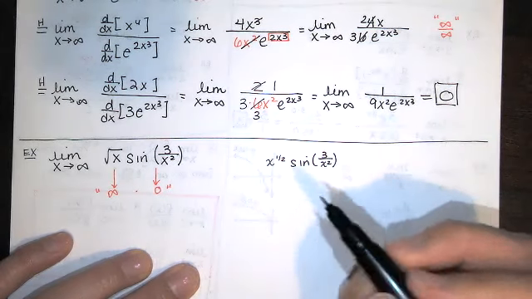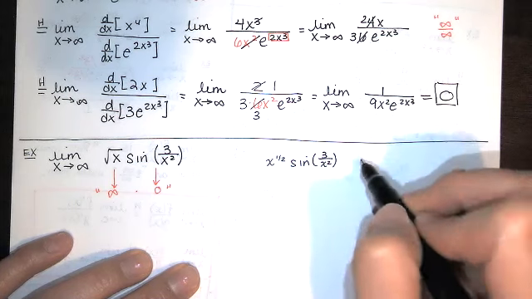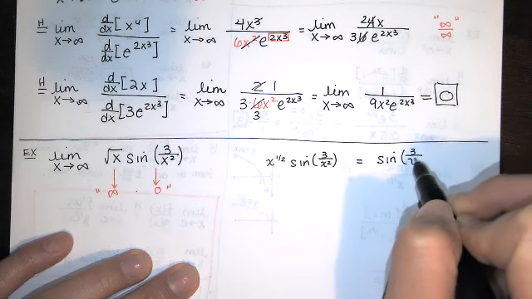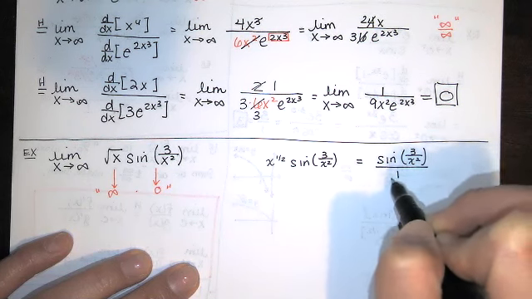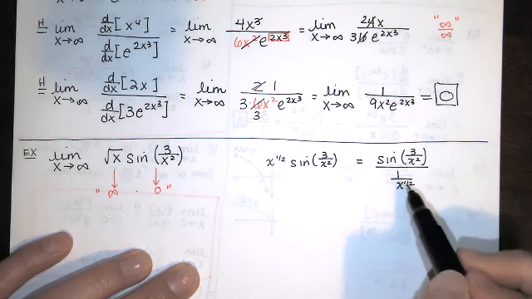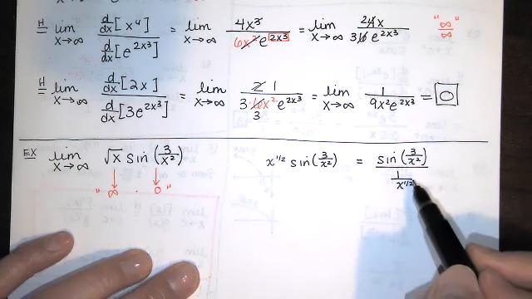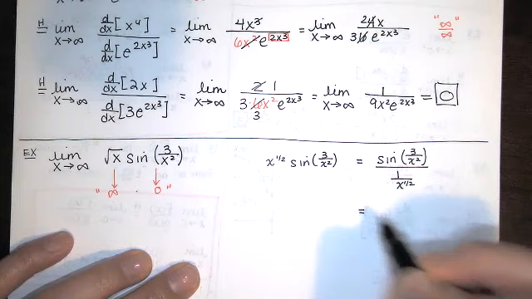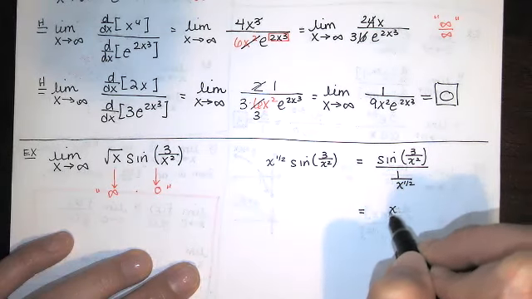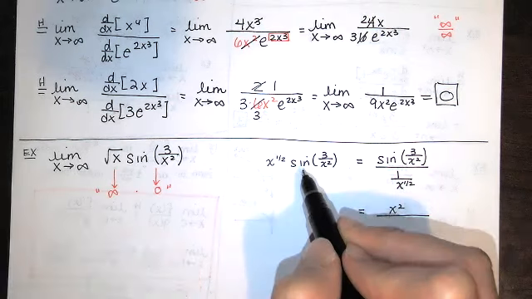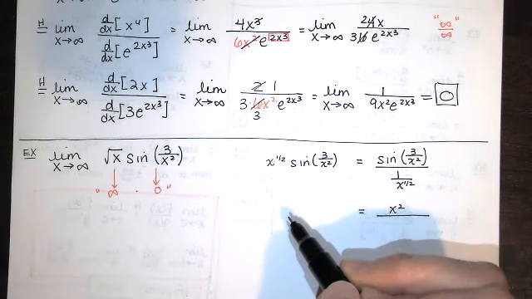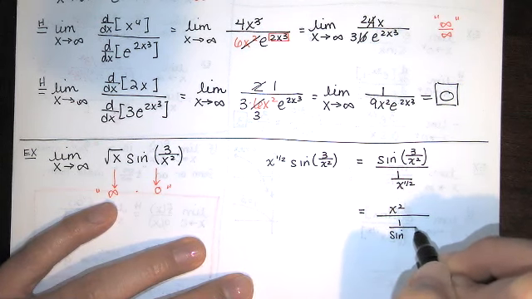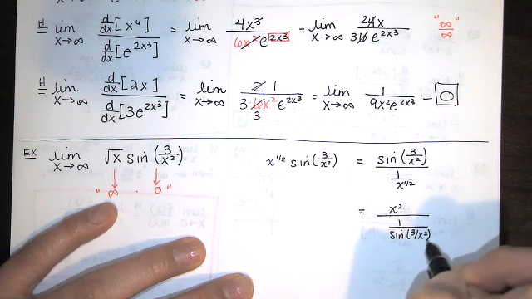You can either say that multiplying by x to the 1/2 is the same as dividing by 1 over x to the 1/2, because dividing by a fraction is multiplying by the reciprocal. And if I multiply by the reciprocal of this, I get this. Or we could leave that x to the 1/2 in the numerator and say that multiplying by sine of 3 over x squared is the same as dividing by 1 over sine of 3 over x squared.